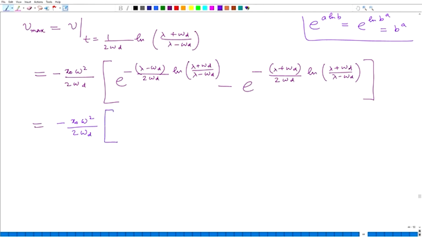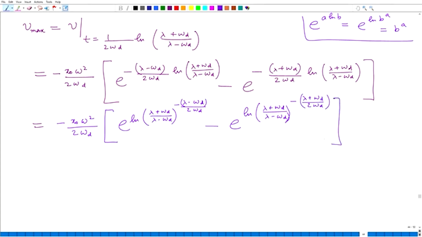So, you see that this will be simply e to the log of lambda plus omega d by lambda minus omega d, whole to the minus lambda minus omega d by 2 omega d, okay, and then minus e to the log of lambda plus omega d by lambda minus omega d, whole to the minus lambda plus omega d by 2 omega d.